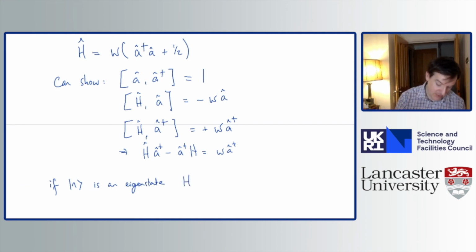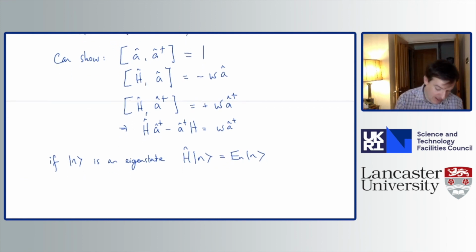Okay, so in other words, if it satisfies that when I act with the Hamiltonian on this state, I get back some energy that I'm going to label with En. We can then consider what happens if we act with the Hamiltonian, not on the state n, but on the state A dagger n.